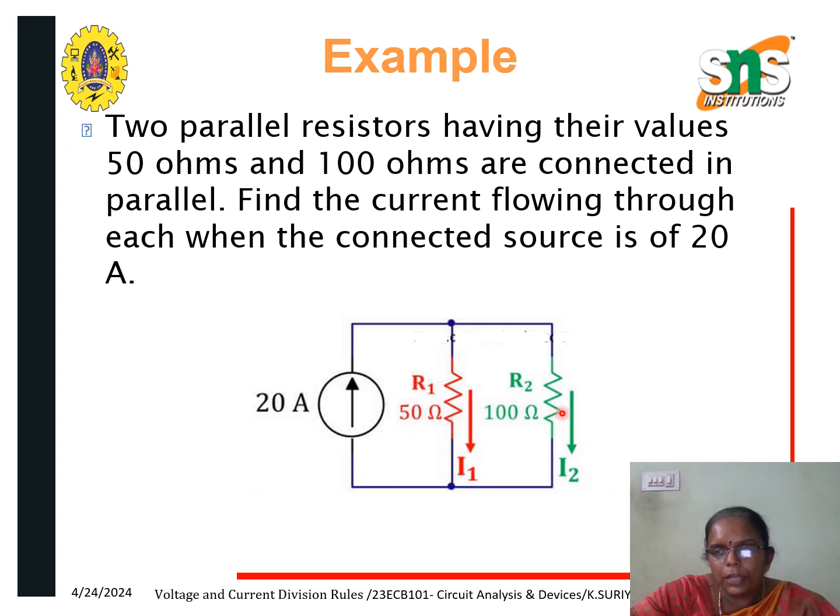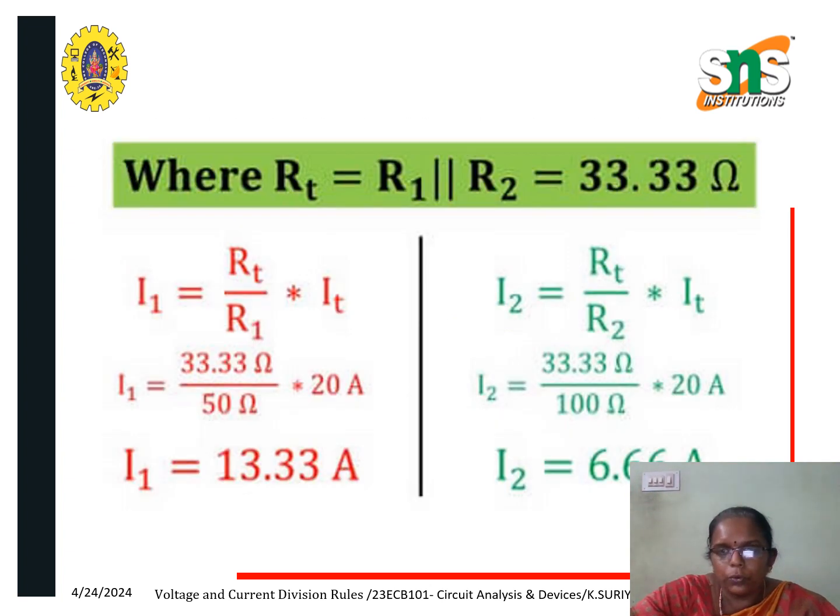When we want the current in R2, we write total current 20 into equivalent resistance divided by the corresponding resistance R2. That is shown here. The parallel combination of R1 and R2 is 33.33 ohms.